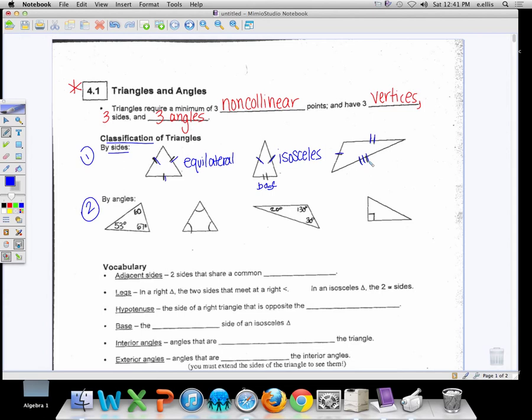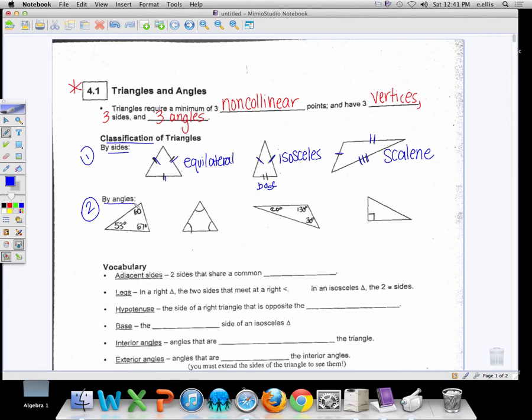None of them are congruent to each other. So if you have 3 sides that are all different lengths, we call that scalene. Okay, so pretty much any triangle is going to be one of those 3 cases when you're looking at the sides. But we also can classify by angles.